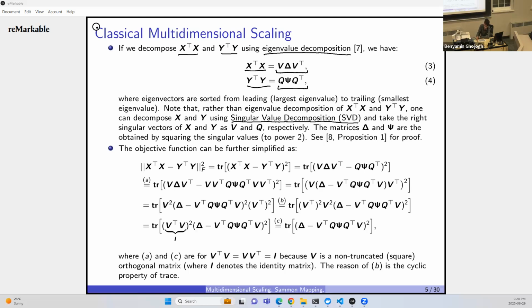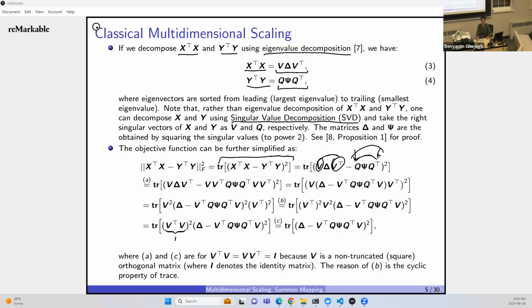Now we ended up with this in the last slide. Let's replace X transpose X and Y transpose Y with their eigenvalue decompositions. An interesting technique is used here; try to learn these techniques. Here I have V and V transpose, but in the second term I don't have them. I want to factor out V and V transpose. How can I make a fake V?